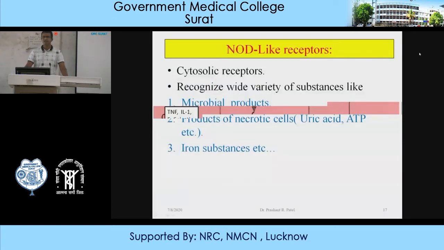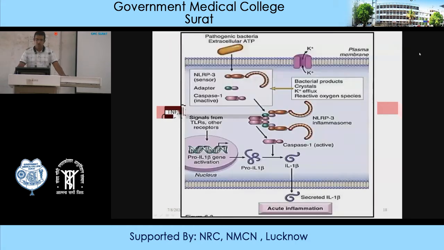Second receptor is the NOD-like receptor. These are present in the cytosol of the cell, and they recognize a variety of substances like microbial products, products of necrotic cells like uric acid and ATP, and various substances like iron. This diagram shows how the NOD-like receptor works.